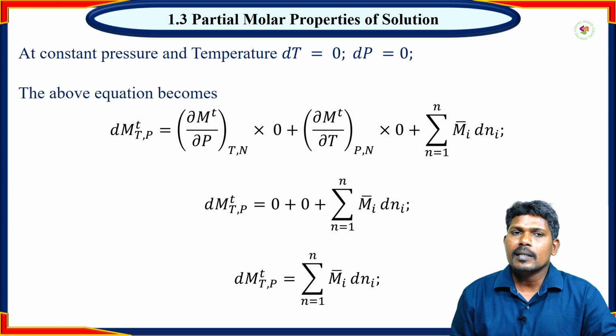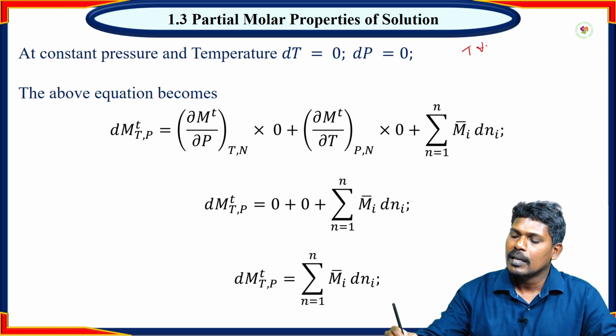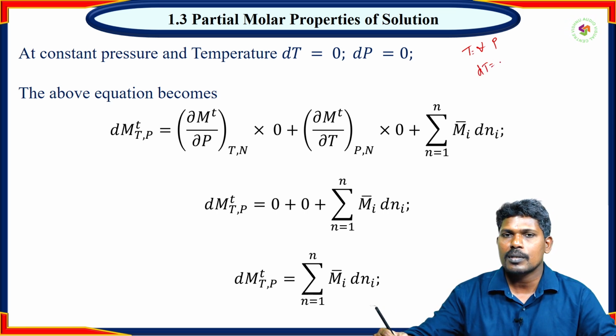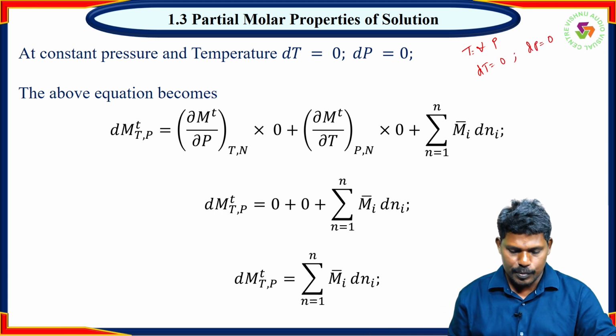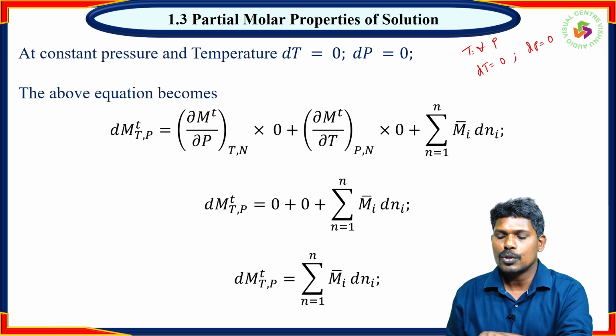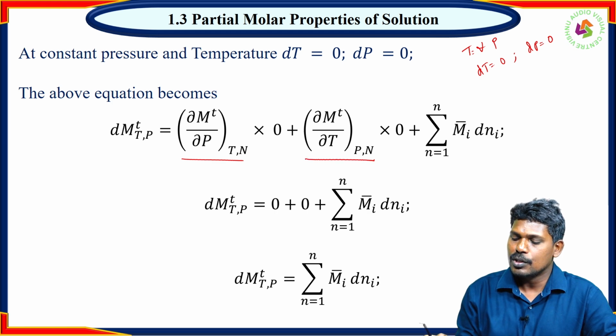Now at constant temperature and constant pressure, what will happen? The derivative of temperature is zero, because it is a constant, and the derivative of a constant is 0. So dT is 0 and dP is 0. When you substitute that, these two terms will be 0.